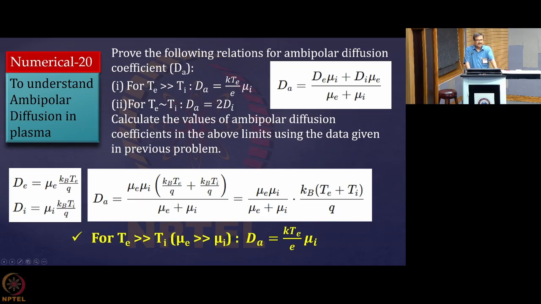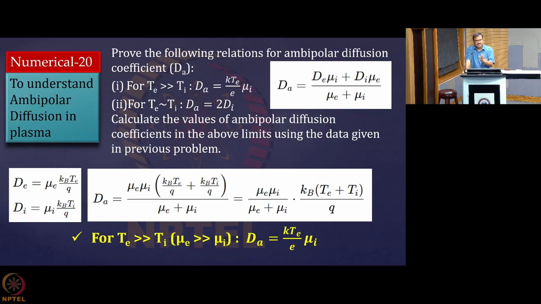The fact is that the ambipolar diffusion is controlled by the heavier species. You see that this is D_i and this is mu_i, and they basically define the diffusion of the whole species, because this is ambipolar. Ambipolar means the electrons and ions are both getting drifted in the same way, but what will be the diffusion rate?